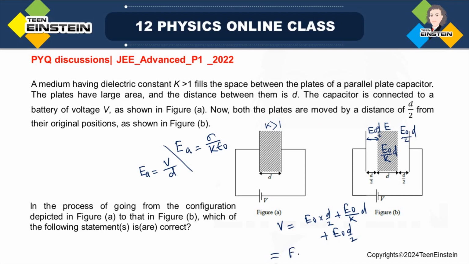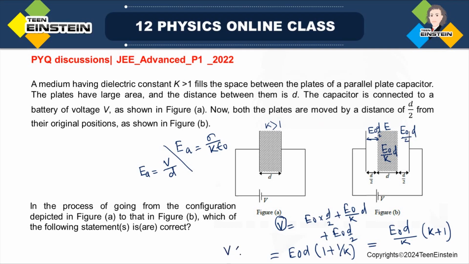If I take E0 into d, then I get 1 plus 1 over k, right? Then E0 d by k, this is k plus 1, right?